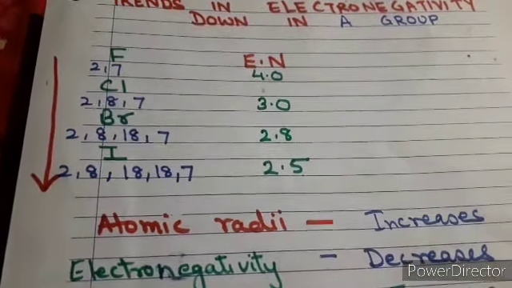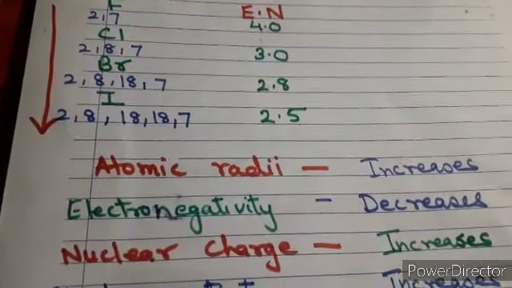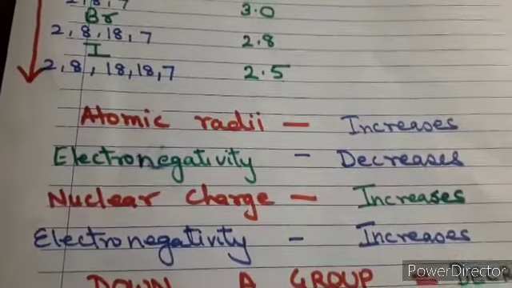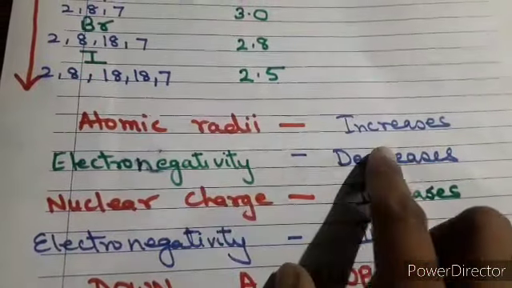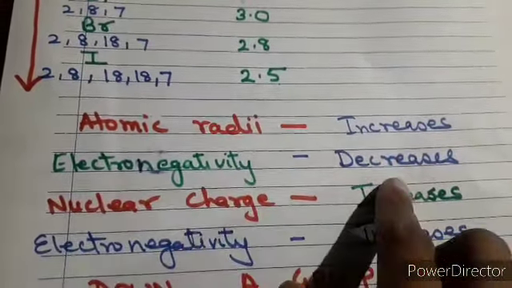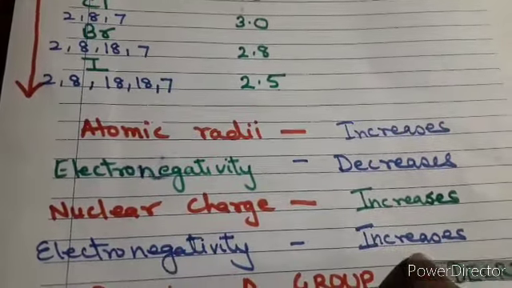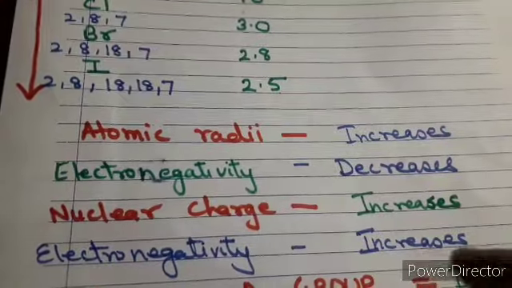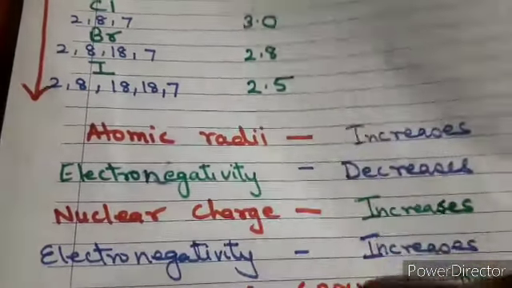Again we have to focus on both factors, atomic radius as well as nuclear charge. I'm reading it, then I'll explain: atomic radius or atomic size increases, electronegativity decreases; nuclear charge increases, electronegativity also increases. Now we'll make the diagrams and we'll see these concepts, how this is happening.